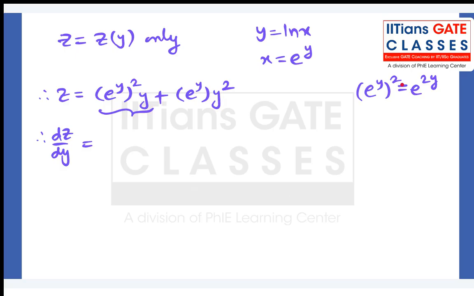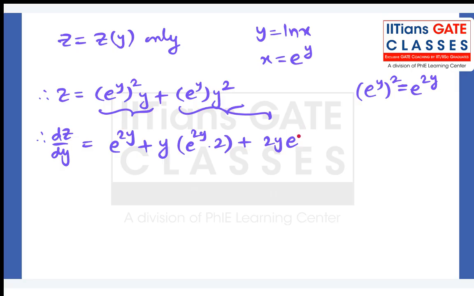So basically we are doing e to the power 2y into y. So the first term will be e to the power 2y, and then you have y e to the power 2y into 2. And now for this term, let's say 2y e power y plus y square e power y.